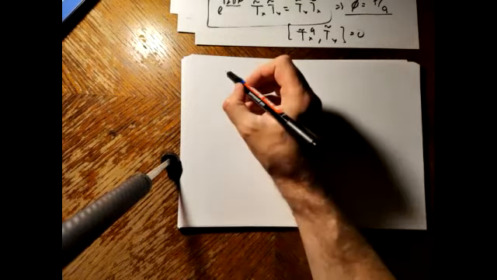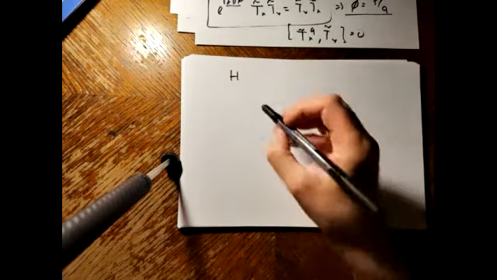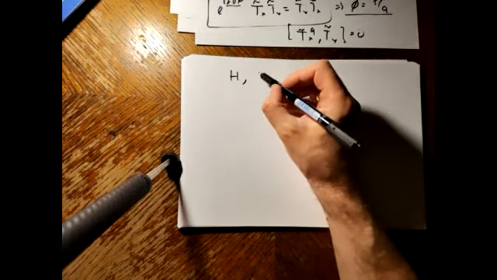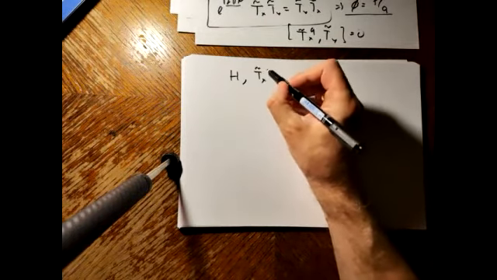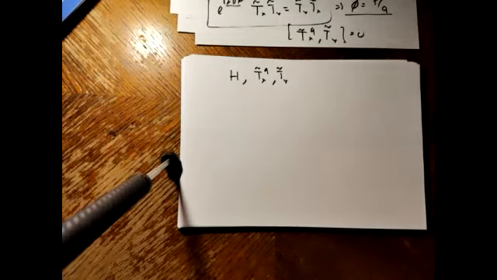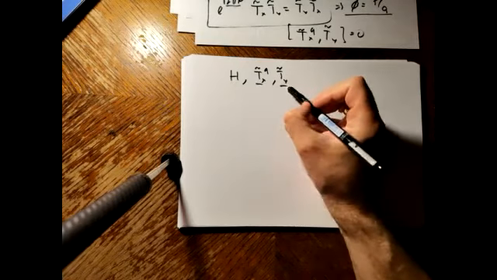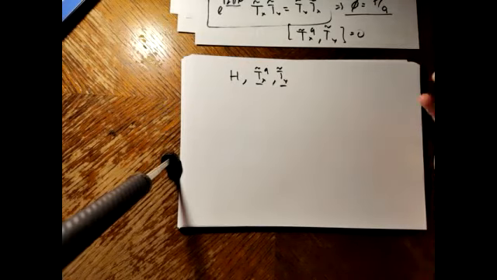So let's summarize what we found. We have H, our Hamiltonian, which commutes with Tx tilde q and Ty tilde. These two operators are part of the group of the Hamiltonian.